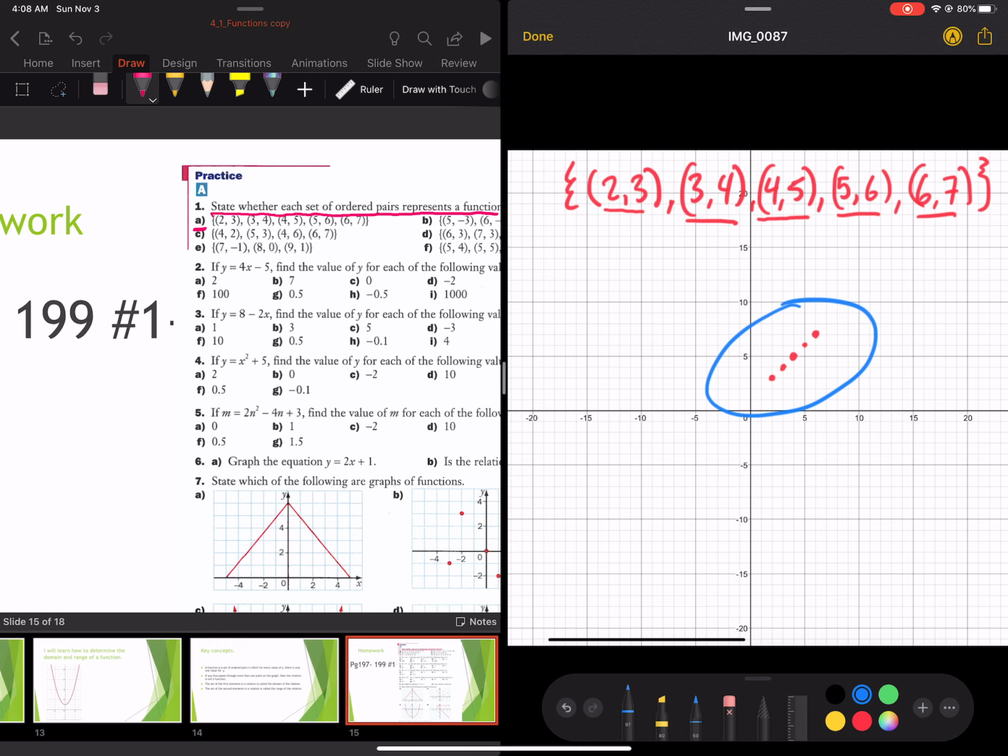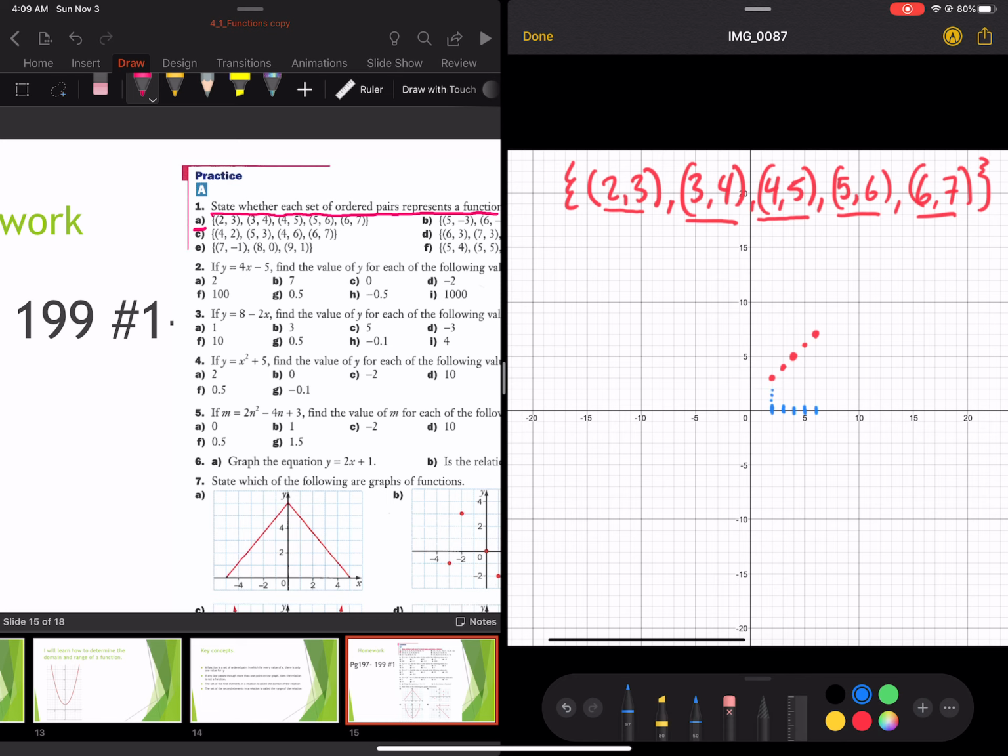my relationship. Now, what makes it a function or not depends on if for each x, these are my x values right here, I have x equals 2, x equals 3, x equals 4, x equals 5, x equals 6.